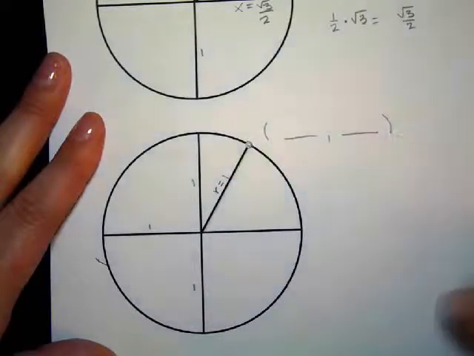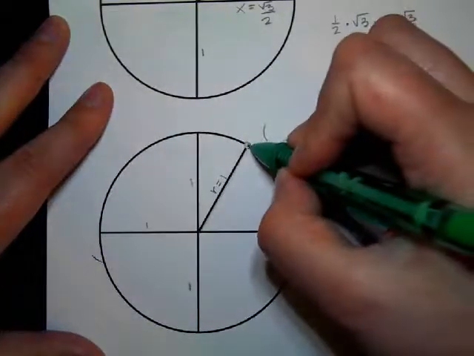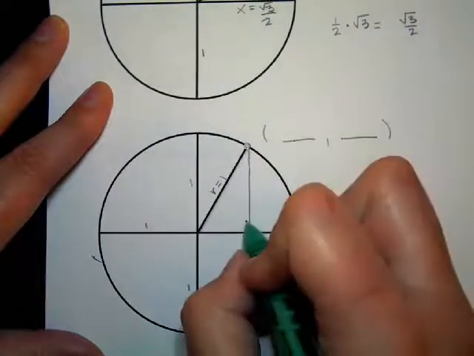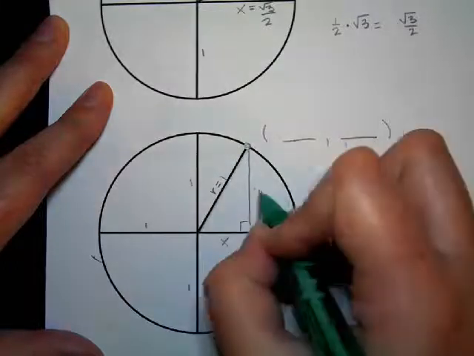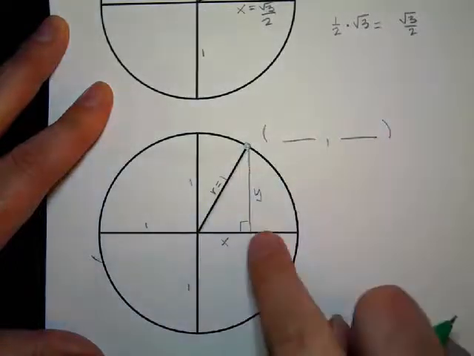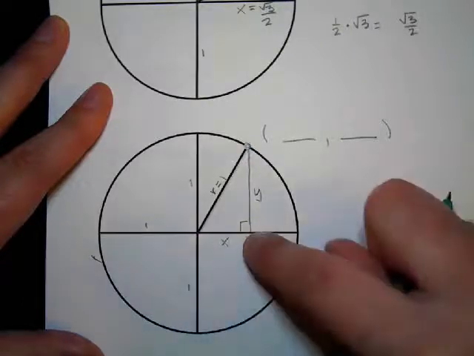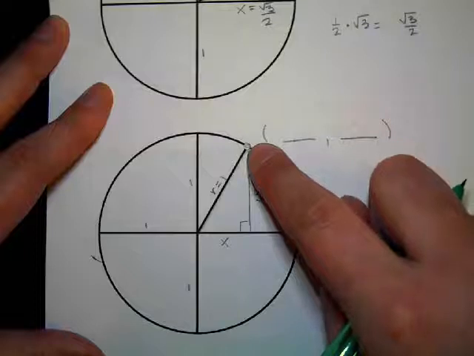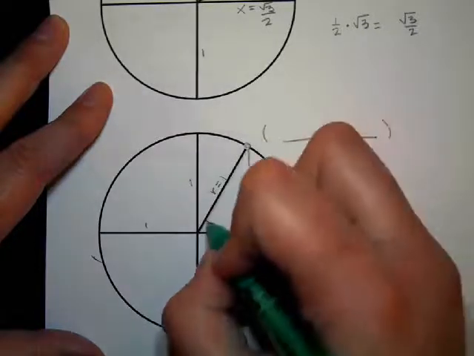And we're going to do exactly what we did before. We're going to drop this line straight down and make a right angle. We're going to say this is the x, this is the y. Once we figure out these sides, if you go over an amount of x and up an amount of y, you end up at that point. So x, y. And this angle right here is a 60-degree angle.